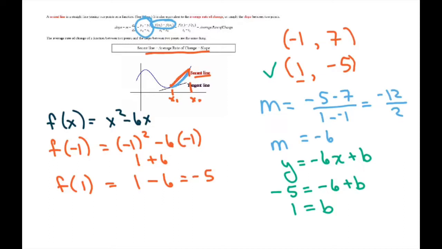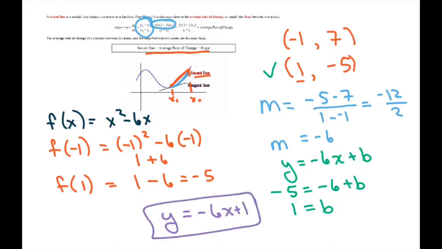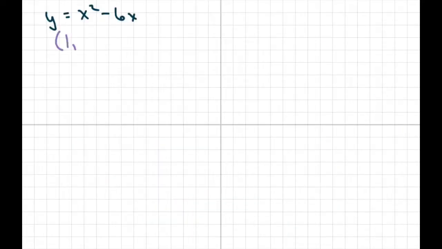So the equation of your secant line is y equals -6x plus 1. All right. So we have -1, 7, and 1, -5.